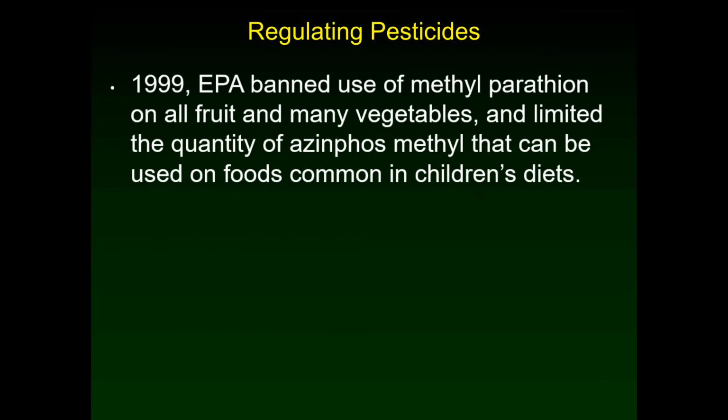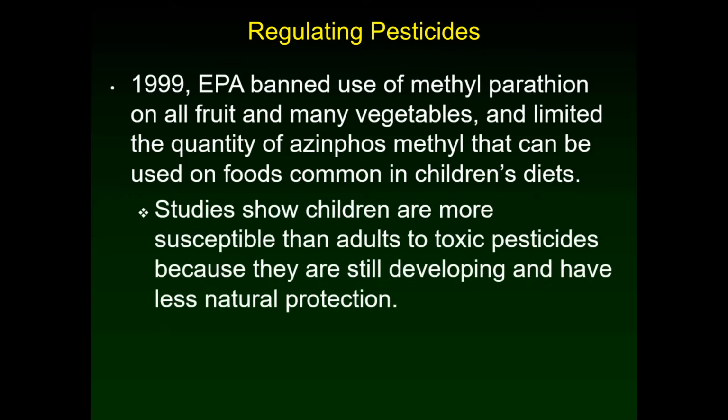In 1999, EPA banned use of methyl parathion on all fruit and many vegetables and limited the quantity of Zenfos methyl that can be used on foods common in children's diets. Studies show children are more susceptible than adults to toxic pesticides because they're still developing and have less natural protections.